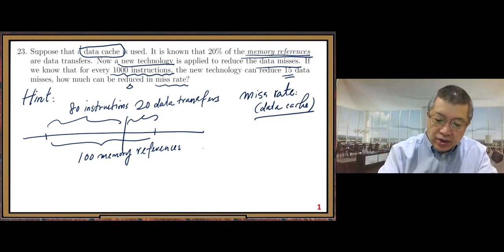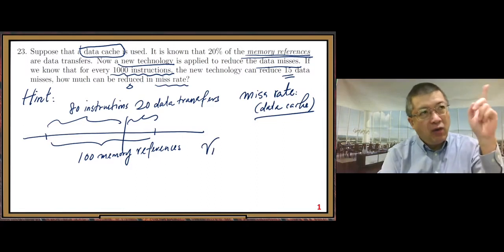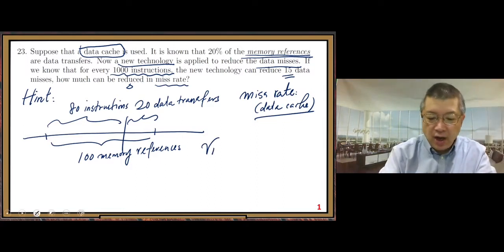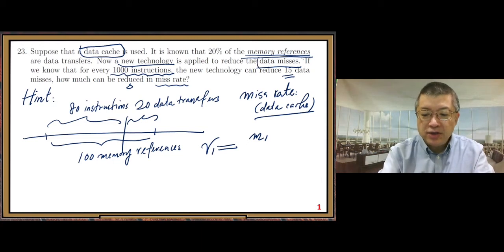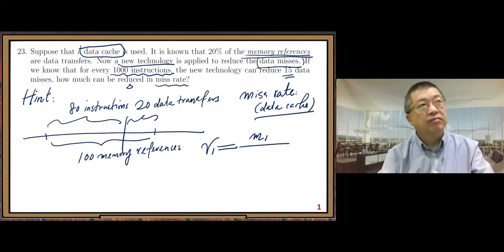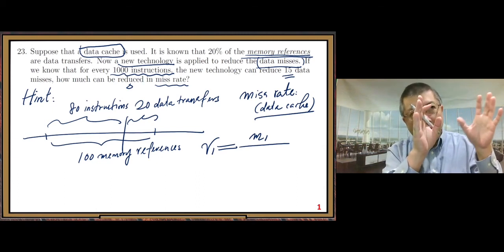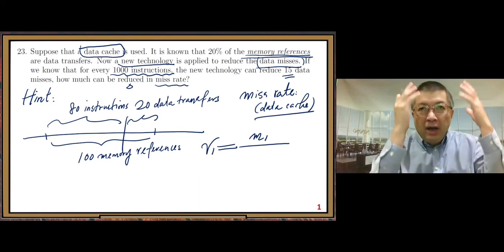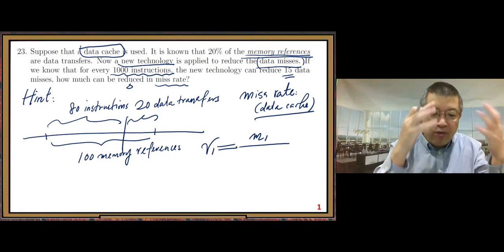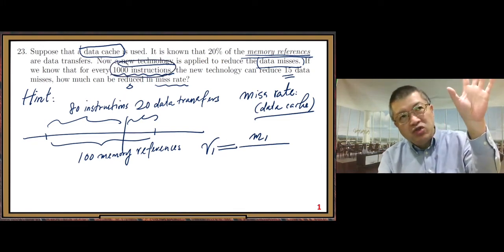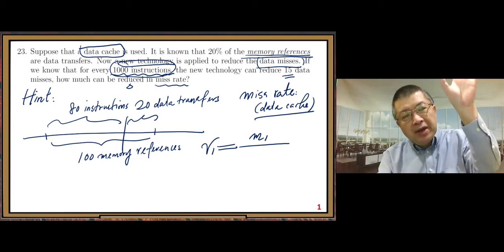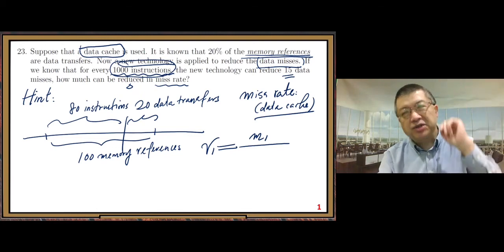All right. So miss rate 1, R1, that's for the old technology. R1 equals M1, the number of data misses, M1 over, now the denominator, the number of memory accesses with respect to the data cache in 1,000 instructions. In 1,000 instructions, how many data accesses?